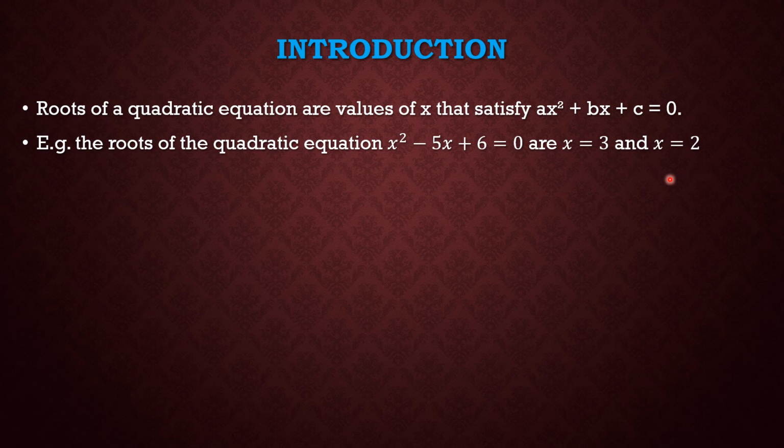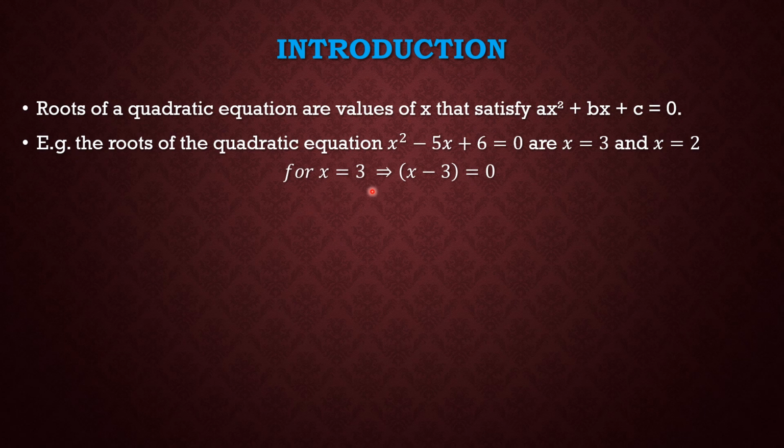They are called the roots because when you substitute 3 into this expression, your answer will be 0. When you substitute 2 into this expression, your answer will be 0. What it means is that these two answers, 3 and 2, satisfy this equation.